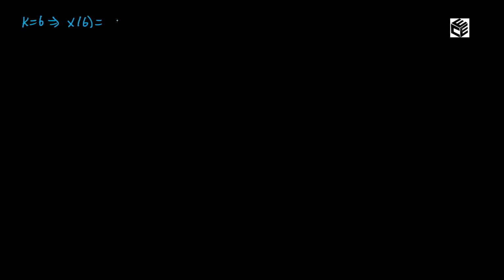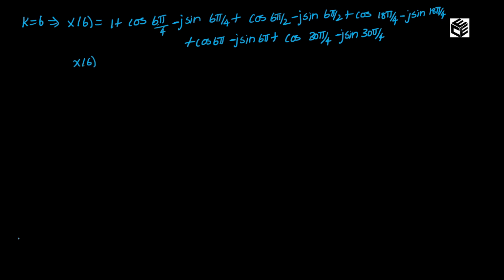Let me find the value of x of k for k is equal to 6. Therefore x of 6 is equal to, applying the values, I will get the answer as 1 plus j minus 1 minus j plus 1 plus j. So the answer for x of 6 is equal to 1 plus j. Now I am going to apply the value of k as 7.